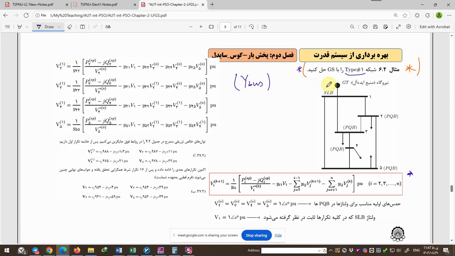But because the slack bus is bus number 1 and the slack bus voltage is determined, V1 is 1 with angle of 0 degrees. So finding V1 is not useful because it is determined, and the other voltages like V2, V3, V4 and V5 are what we want.